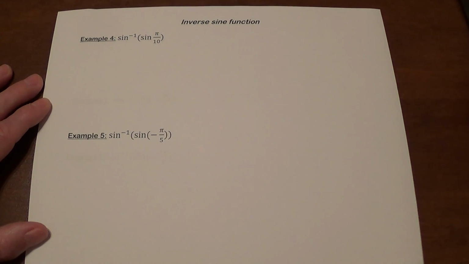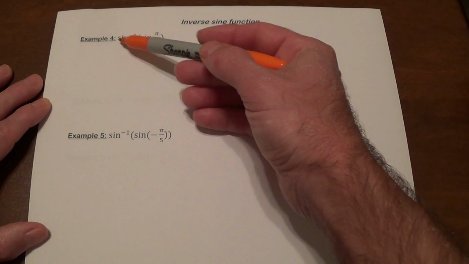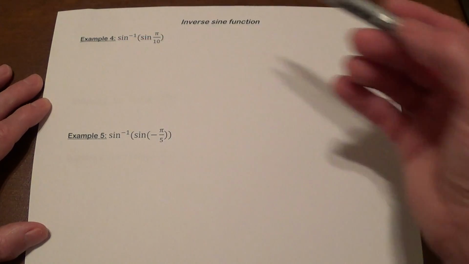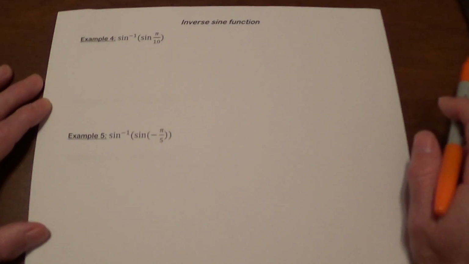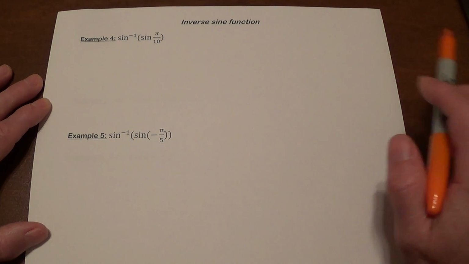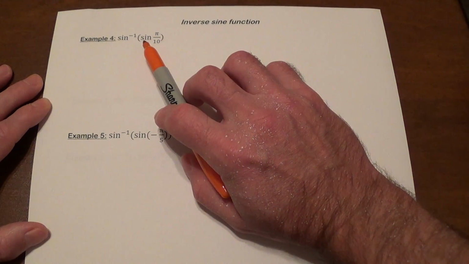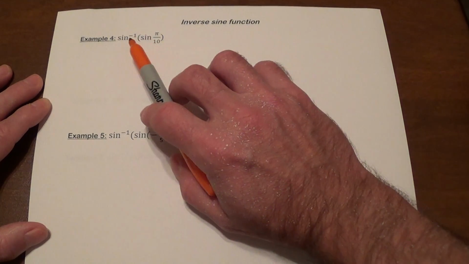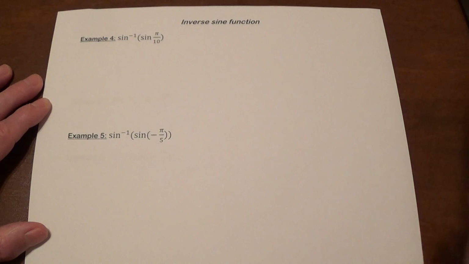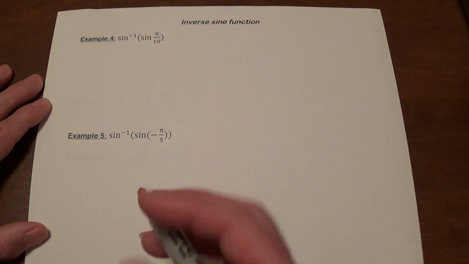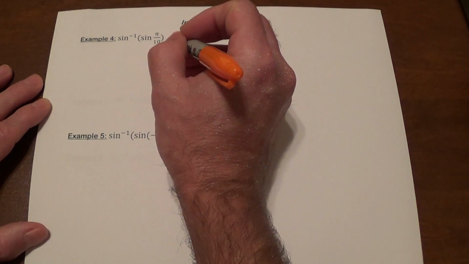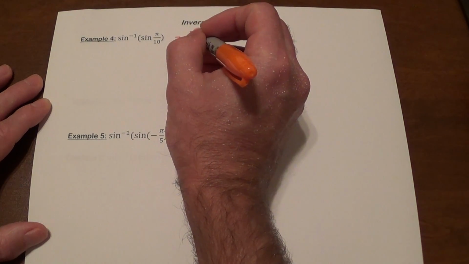Remember, when you do the inverse sine, arc sine, this answer must be on the interval from negative pi over 2 to pi over 2. It almost looks like they're going to cancel each other, right? Because if you do sine of an angle and then you reverse that, you get that same angle. The answer here is actually going to be pi over 10.